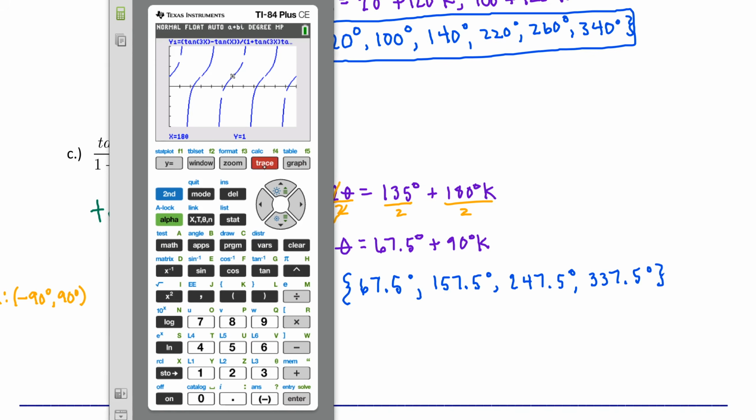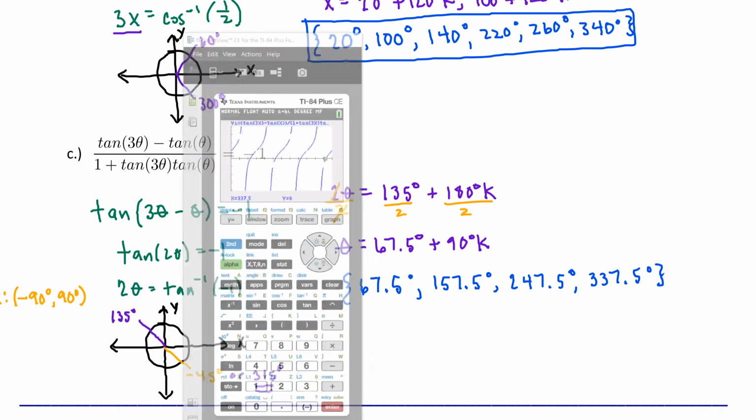If you hit your trace button and type in your solution 67.5, it takes you straight to that point and displays the y value of 0. So you can check each one of them just by typing them in and making sure they correspond to an x-intercept. Calculator is a great tool to improve your accuracy.